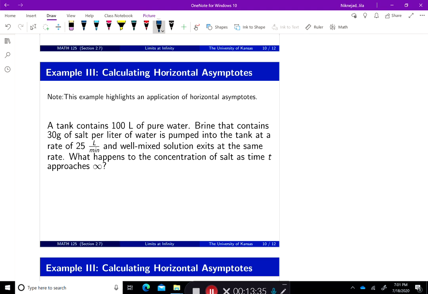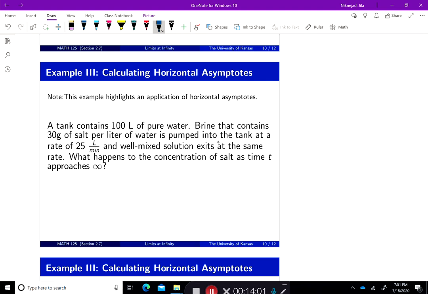A tank contains 100 liters of pure water. Brine that contains 30 grams of salt per liter of water is pumped into the tank at the rate of 25 liters per minute, and the mixed solution exits at the same rate. What happens to the concentration of salt as time t approaches infinity?